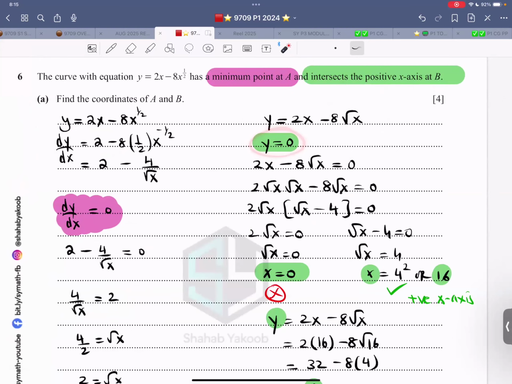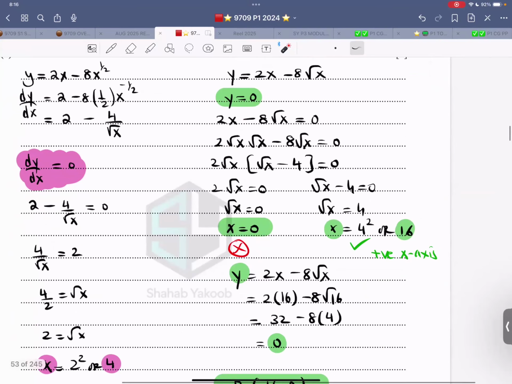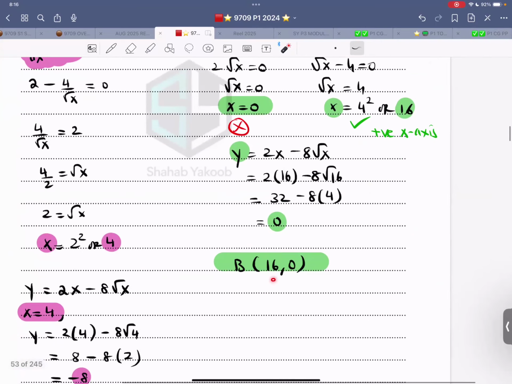Y coordinate is 0. You solve this equation. This is not a disguised quadratic equation because you can take common out. So I wrote x as root x times root x, took 2 common, and took root x common. And this is what I get. X equals 0, which is not on the positive x-axis, that's the origin. And this is x equals 16. So therefore y is 0 and the point is 16 comma 0.